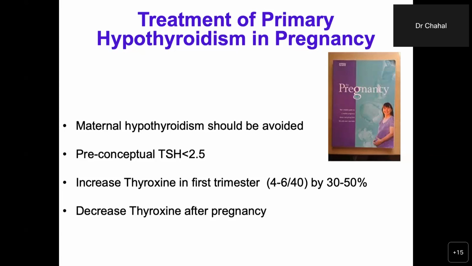But as a general rule, the dose of levothyroxine does increase in pregnancy. So if patients are on 50 micrograms, they typically end up being on 75 throughout pregnancy. But after pregnancy, we always ask patients to go back to their pre-pregnancy dose. And that's important because if we don't, then they may become over-replaced after pregnancy.